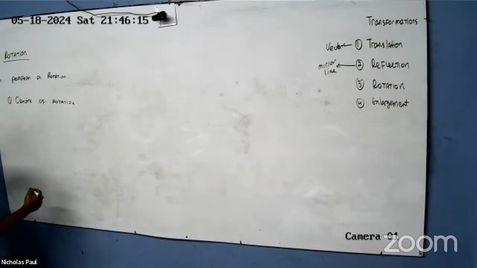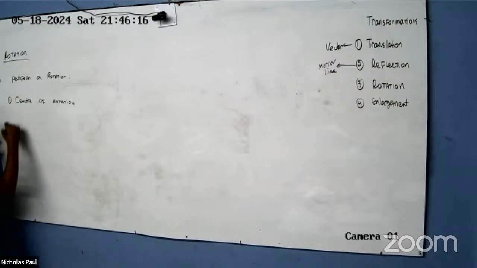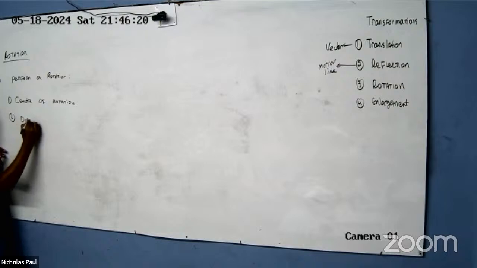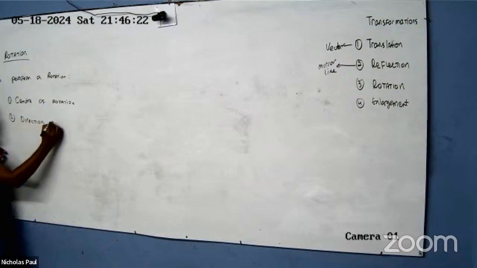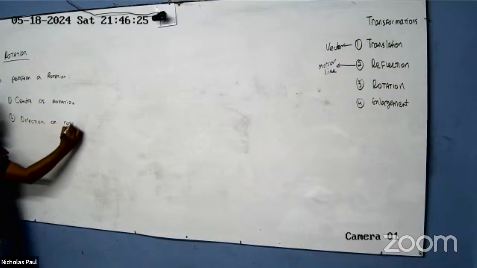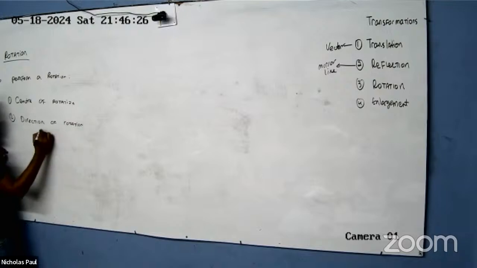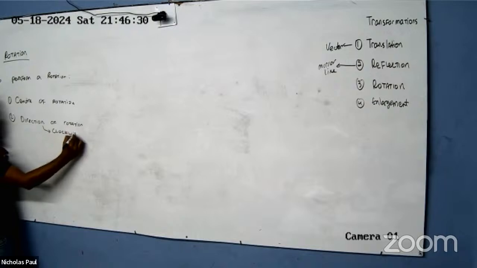All right. What else we need? After that, we need to get direction of rotation. What that simply means is, is it clockwise or is it anti-clockwise?